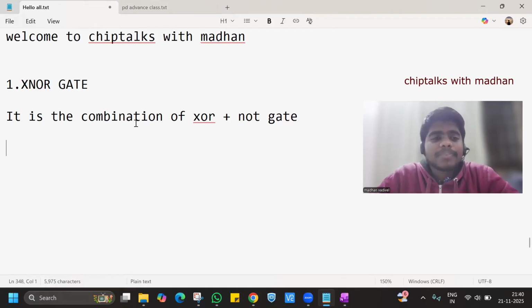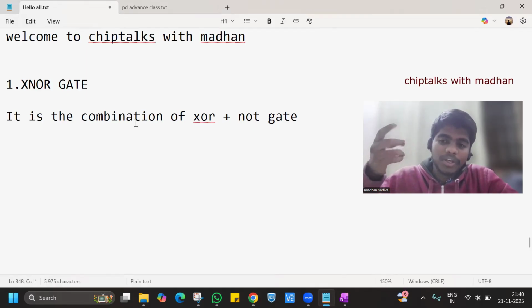In this, the two inputs should be the same. If you have two inputs like A and B, and A input is 0, B input also 0, the output will be high. Or else A input is 1 and B input is 1, so that we get the output as high, means 1, on state, or else we will get the output as off state.